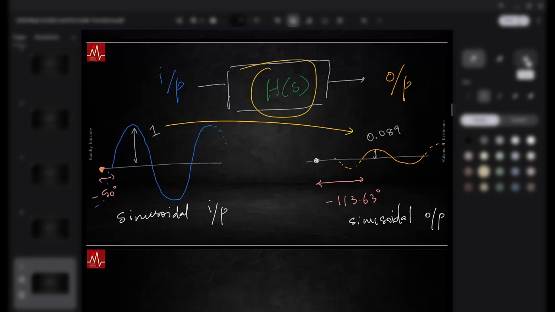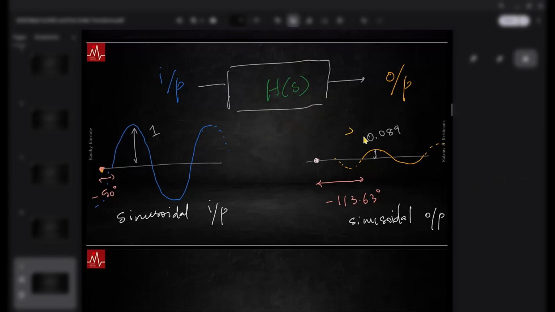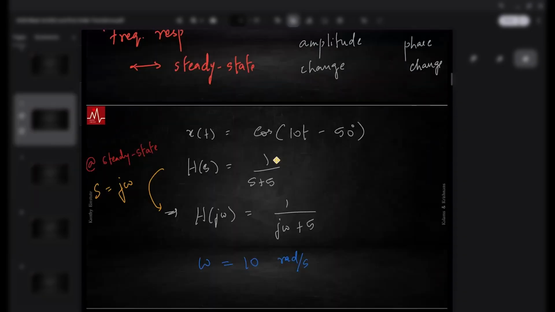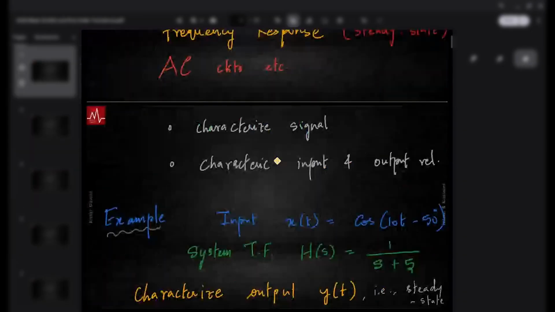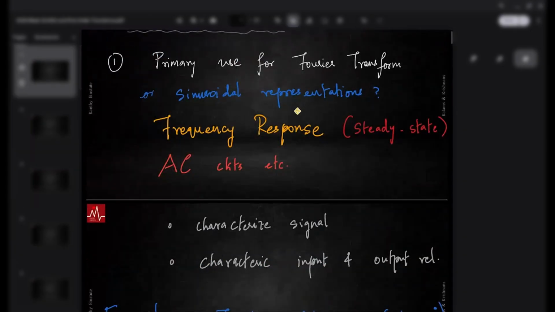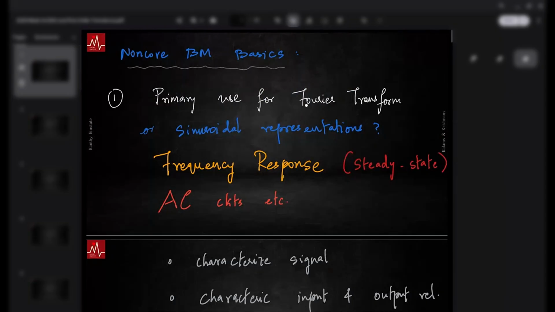If you put in a different frequency, you will get a different amplitude and phase from the transfer function. This is the primary use of the Fourier transform for sinusoidal representations. You can do frequency response. You can study one frequency at a time, or at least a given problem typically has certain frequencies, so you know what happens either to the band of frequencies or to the handful of frequencies.